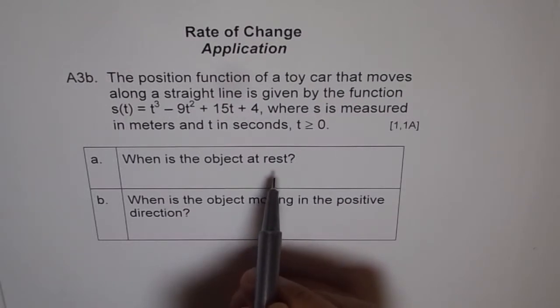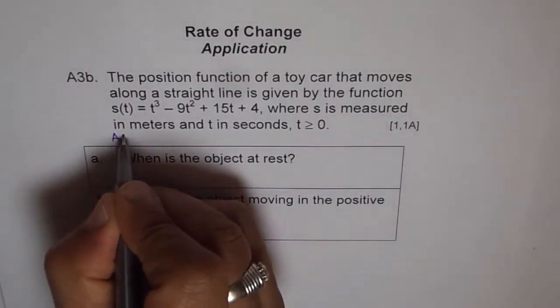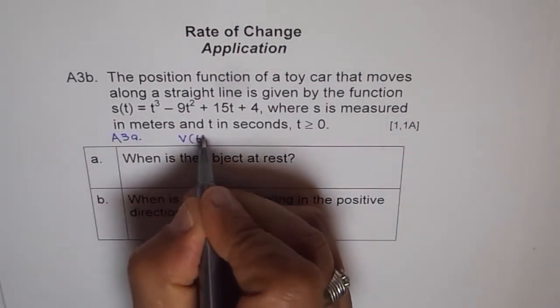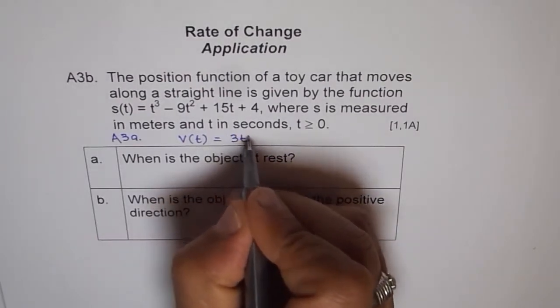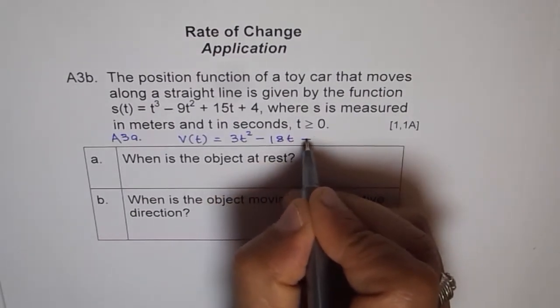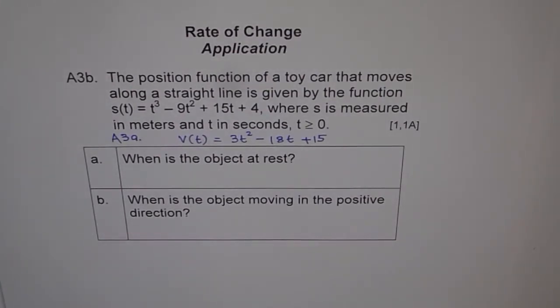So I will use the expression developed in A3 part A. From A3A, the velocity of this toy car is 3t squared minus 18t plus 15. We are going to use this expression to answer our questions.